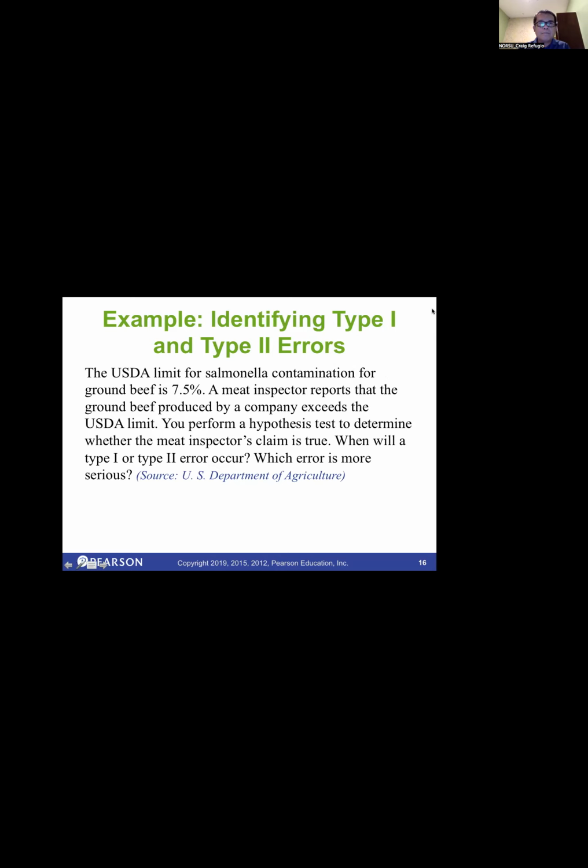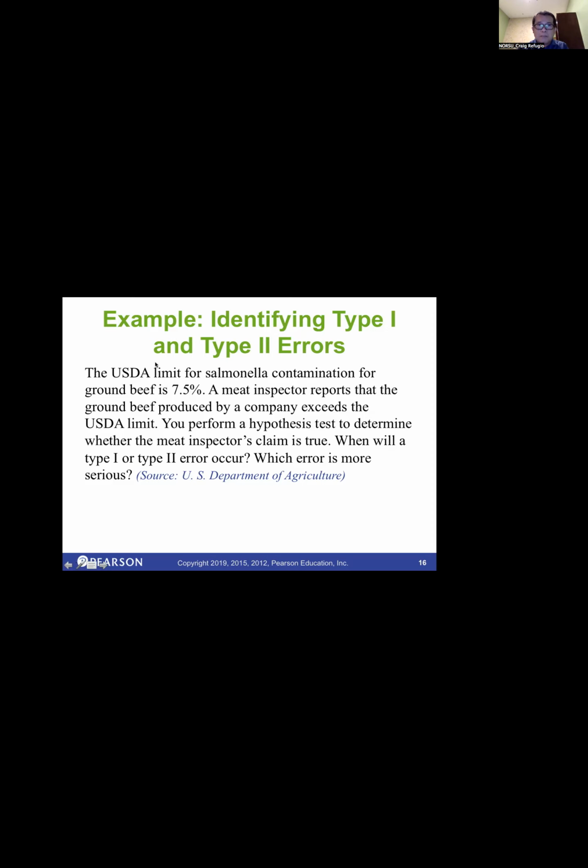I believe we use the mathematical expression less than or equal to 7.5% because it said it's the limit, so you will not exceed that amount. Okay, yeah, I agree. Although Mark is correct that the linking verb is equality, remember the statement says the USDA limit for salmonella contamination for ground beef is 7.5%.